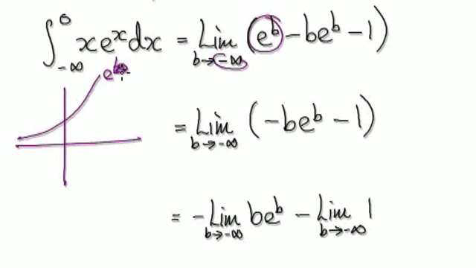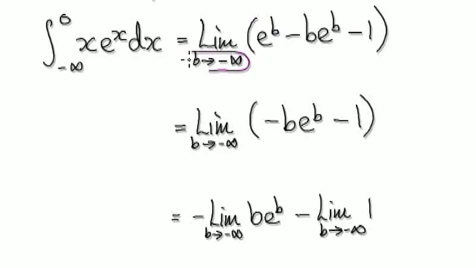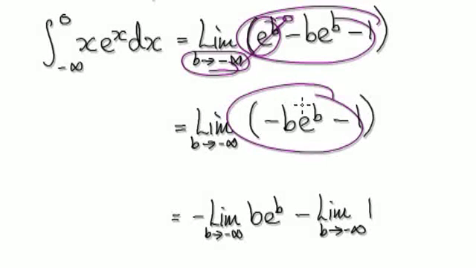So you can think of it as e to the B then. As B heads towards negative infinity, you're heading towards 0. So this thing here, as B heads towards negative infinity, will be 0. So this thing here will then become this.